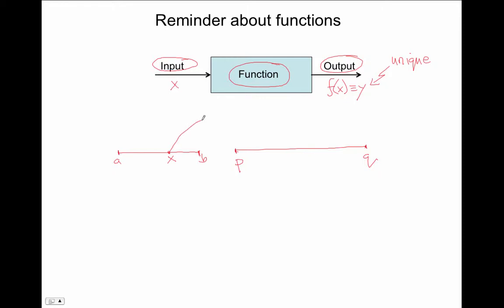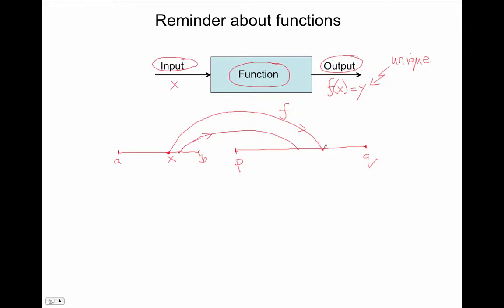The number x is mapped to some number which lies between p and q, and the thing that takes it from x into this range is the function f. Now, if there's a different point x, let's say here, then the function f could take it, let's say, to here. But the point is that the same number x could not be mapped anywhere else into the range between p and q.